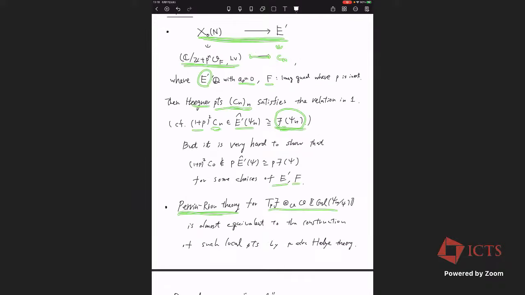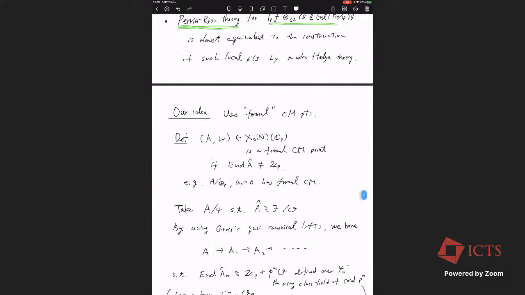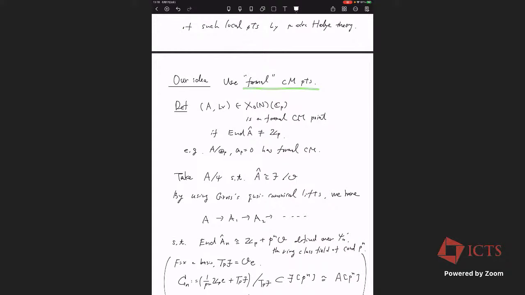Our idea is to use formal CM points instead of Heegner points. Formal CM points: I mean a point of the modular curve where A may not have CM, but A hat, the formal group, has in some sense CM. Yeah, it is bigger than the set of CM points.